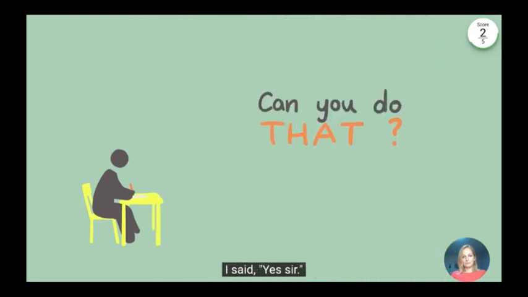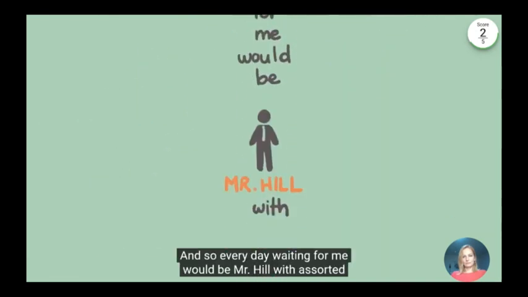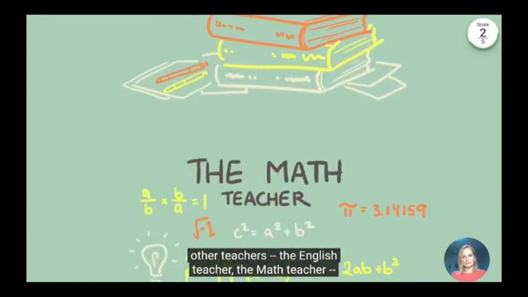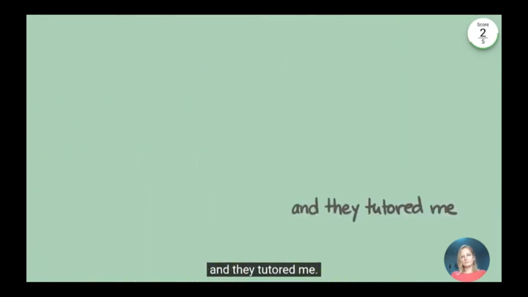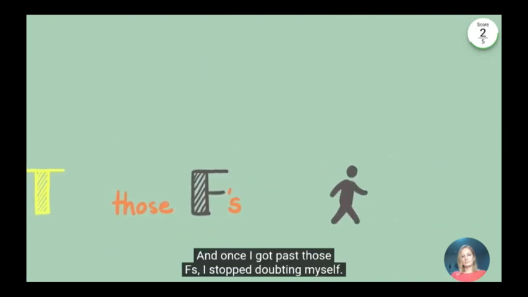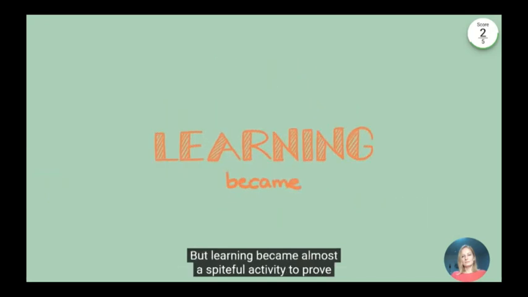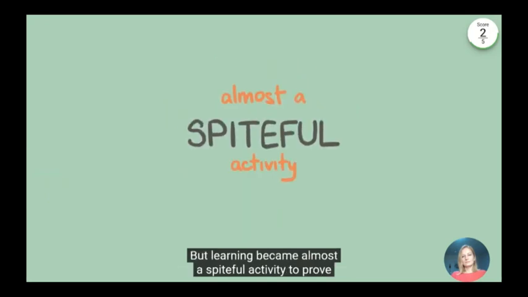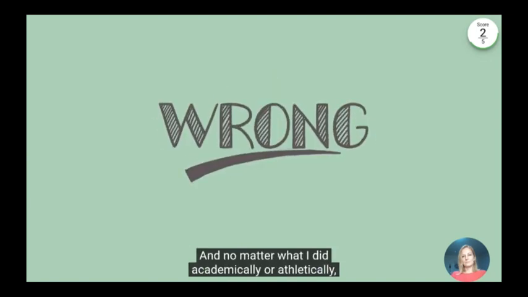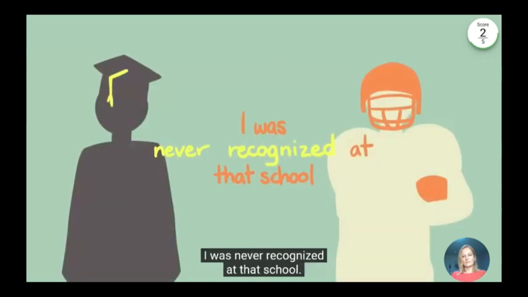He said, can you do that? I said, yes, sir. And so every day, waiting for me would be Mr. Hill with assorted other teachers, the English teacher, the math teacher, and they tutored me. And once I got past those Fs, I stopped doubting myself, but learning became almost a spiteful activity to prove the teachers at the high school wrong. And no matter what I did, academically or athletically, I was never recognized.